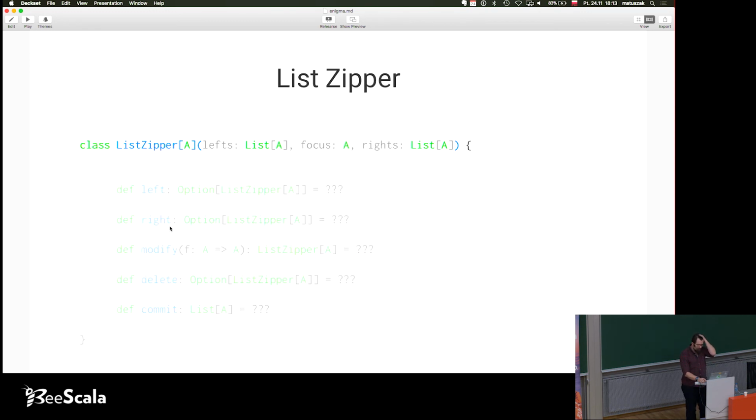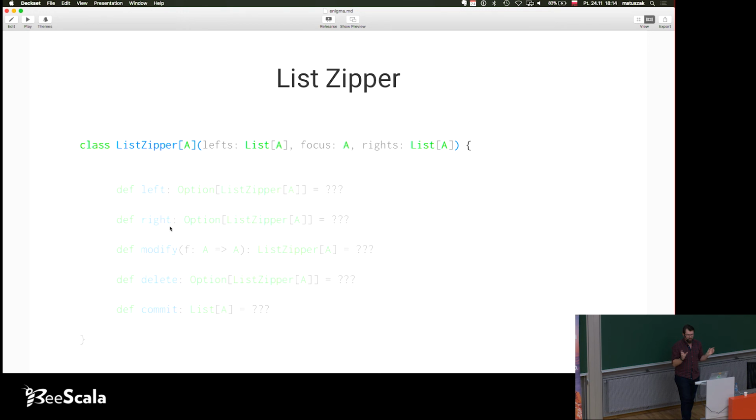So basically, the zipper is something which contains a left list, a focus, and a right list. I will show you an example in a moment. What does it mean? We can break our initial list into these three parts: left, focus, and right. Again, you can implement this in many ways.